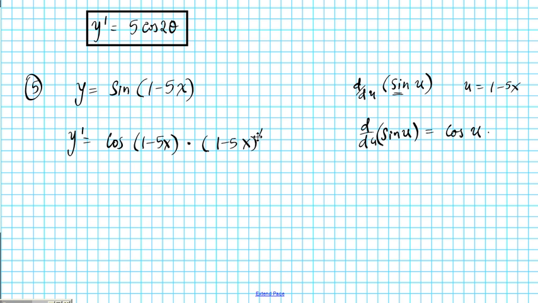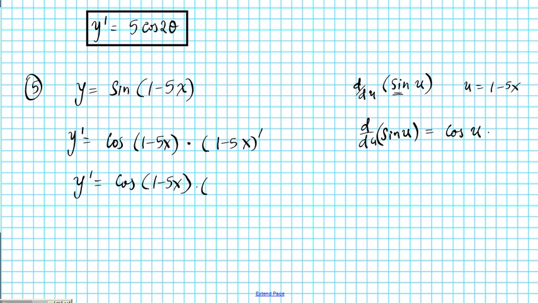Alright, so the whole idea of the chain rule is you do the outer function first, blinding yourself to the inner function so it doesn't change, and then you differentiate the inner function and multiply your initial result with whatever you got. Alright? So now what's the derivative of that? We just simply use the power rule, right? So it's going to be cosine 1 minus 5x. The derivative of 1 is just 0.